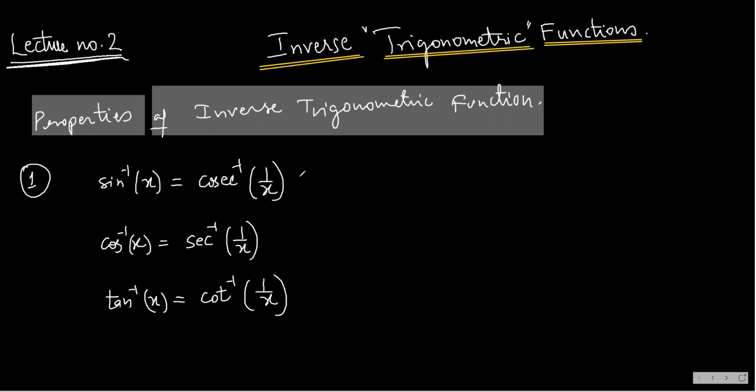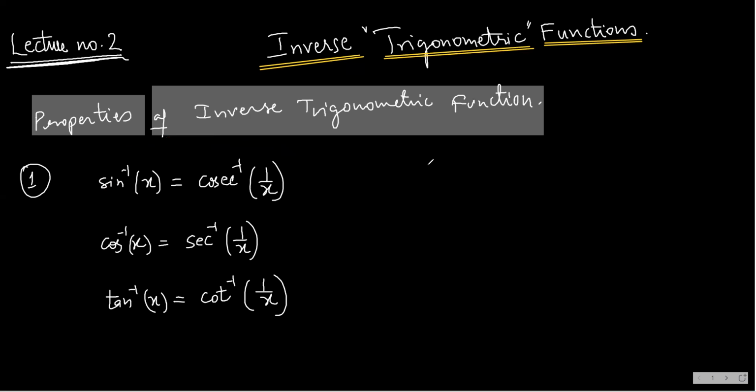I want you all to see this from the point of view of the relation between trigonometric functions. You remember when you had done trigonometric functions, what was the relation? Here you have a relation in sine inverse and cosec inverse.